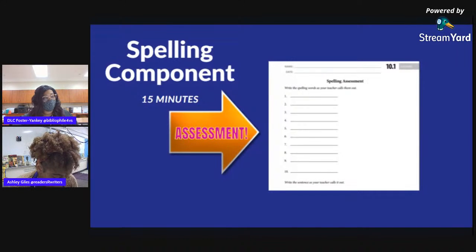Using the list, the teacher will say the word, use it in a sentence, and repeat the word. Inform the students that at the end of the entire assessment, you will go back and repeat. It's a helpful hint for students to use the spelling strategy you taught them for the syllables to help them write each letter as accurately as possible.